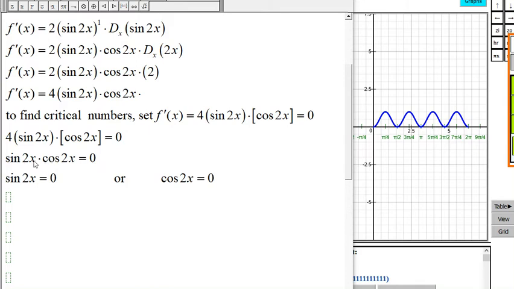And so this means that sine 2x is equal to 0 or cosine 2x is equal to 0. Since we have a product equal to 0, either the first factor is equal to 0 or the second factor is equal to 0. To solve the first equation, we have to figure out where the sine is equal to 0.